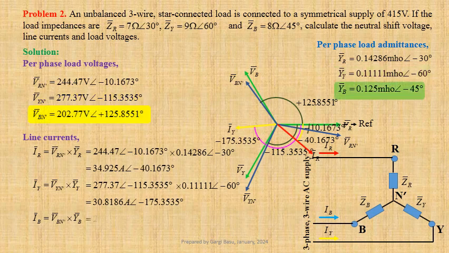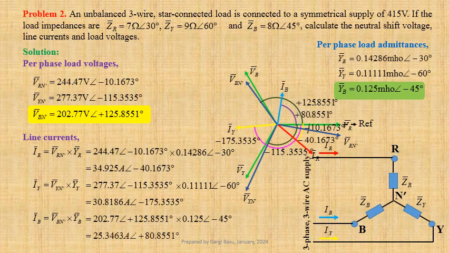And IB equals 202.77 at an angle plus 125.8551 degree into 0.125 at an angle minus 45 degree, that gives us 25.3463 ampere at an angle plus 80.8551 degree.